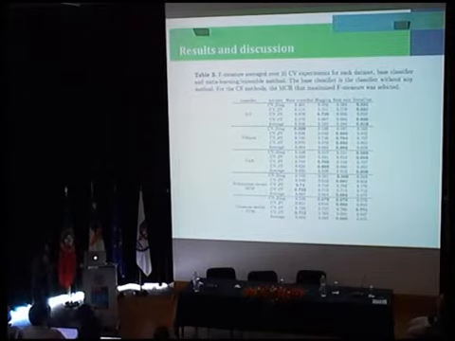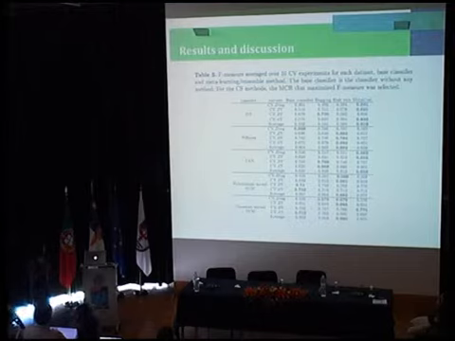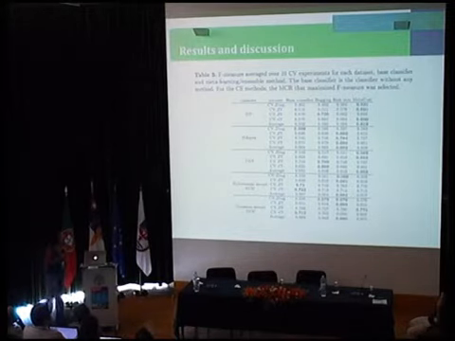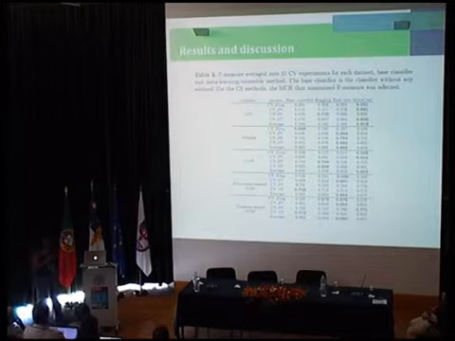These are the results we obtained. I'm going to talk about them in a minute. What we show here is the F measure over 10 cross-validation runs for each data set. Then we show the performance of the Bayes classifier and the meta-learning, or ensemble, method.